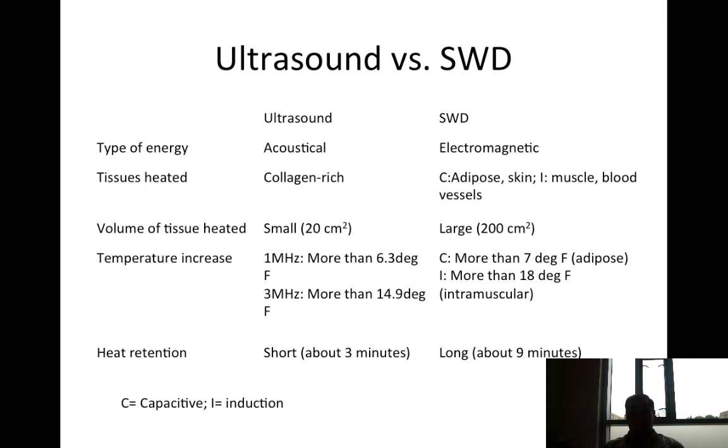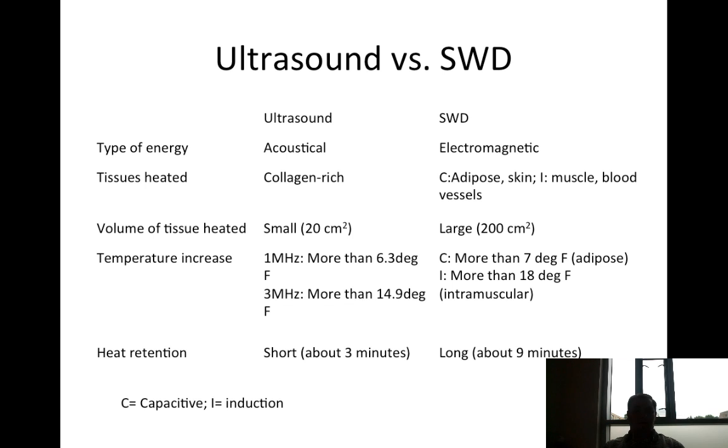There's two different types of diathermy. So you can see induction diathermy really heats muscle, blood, and vessels. Do we really want to heat blood vessels? Maybe not. Maybe. I don't know. Heat muscle? Probably. The capacitive heats your adipose tissue, so your fat and your skin.